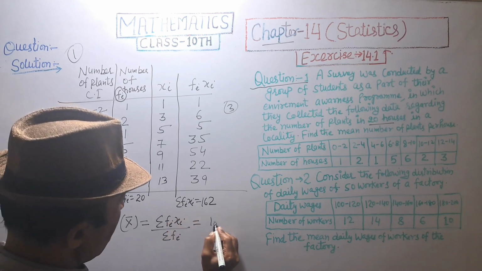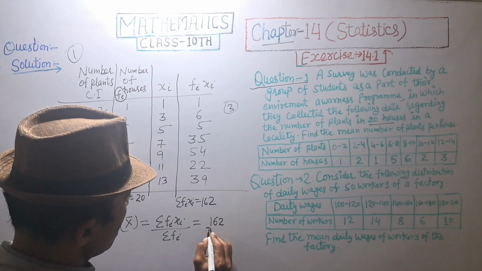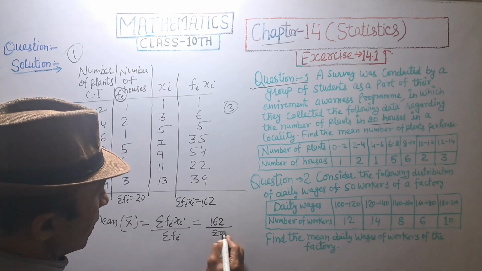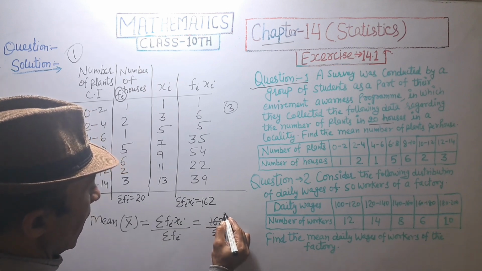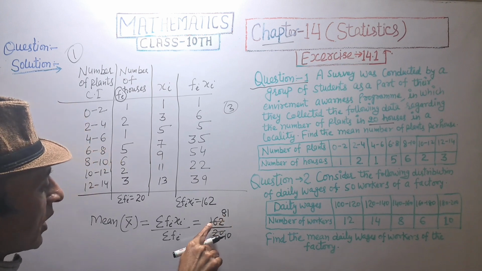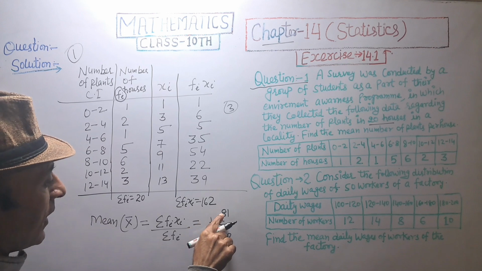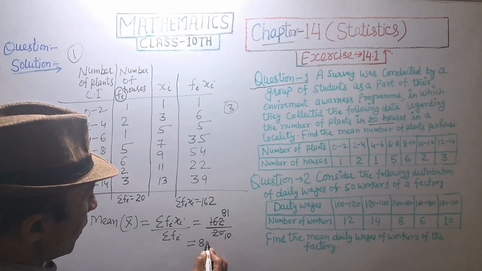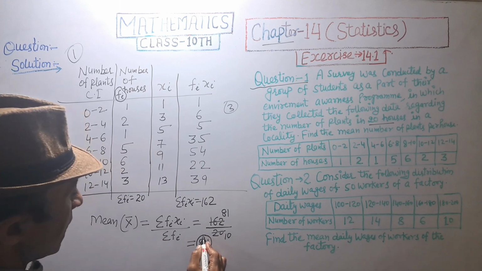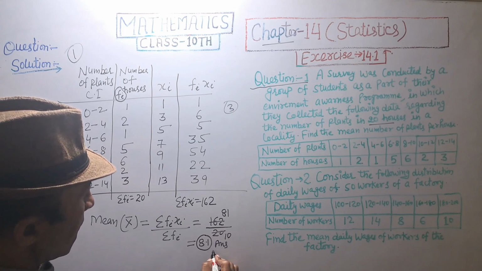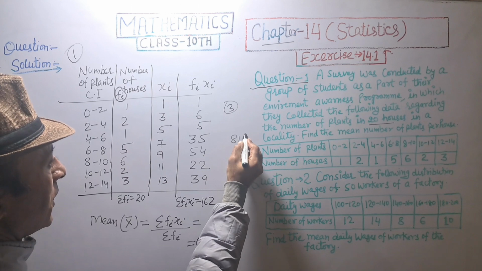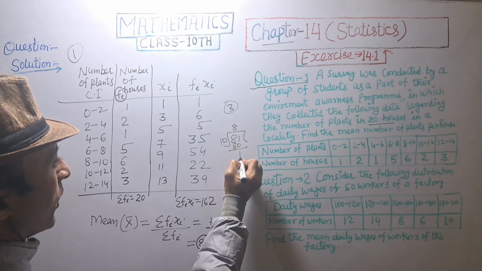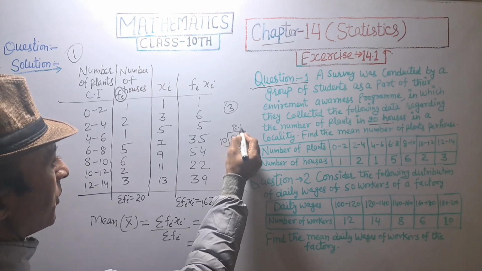And Fi Xi we have 162 divided by 20. 2 tens are 20 and 81 twos are 162, and 81 divided by 10 is equal to 8.1. 81 divided by 10: 10 8s are 80, remainder 1.0, 10 1s are 10.